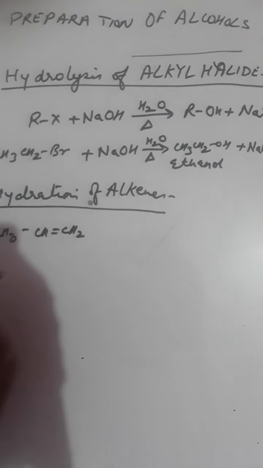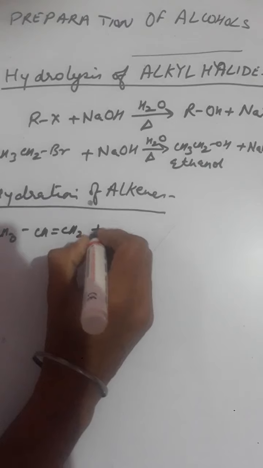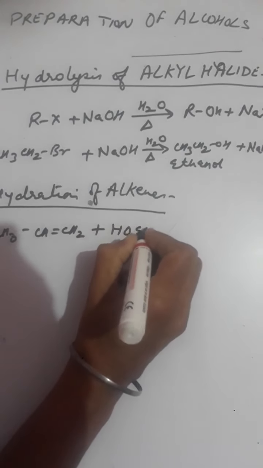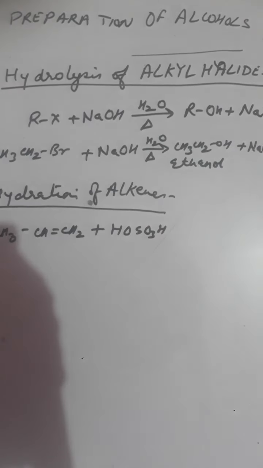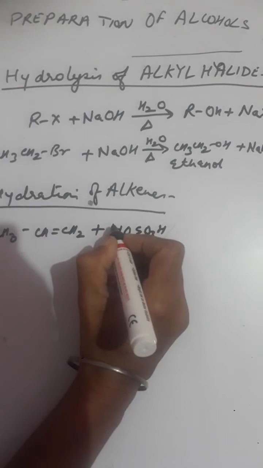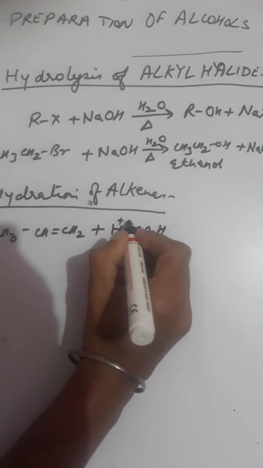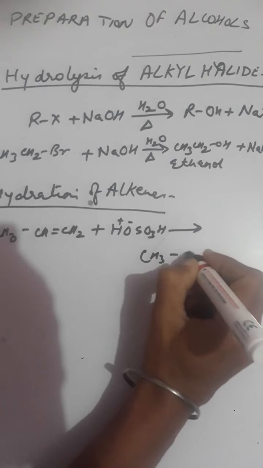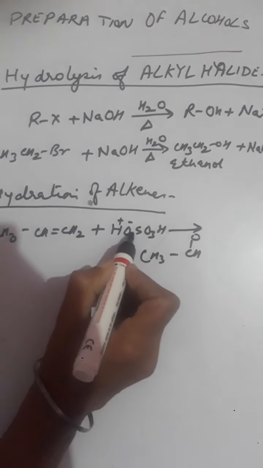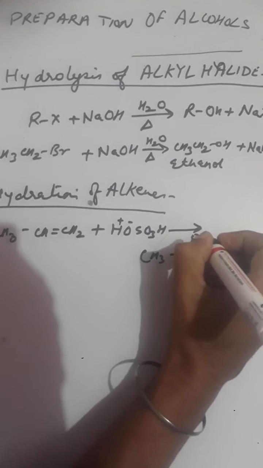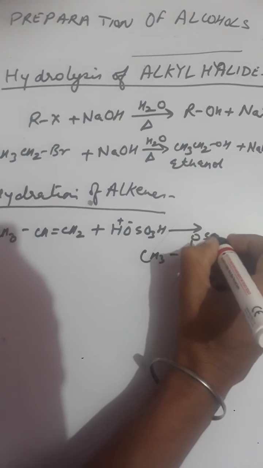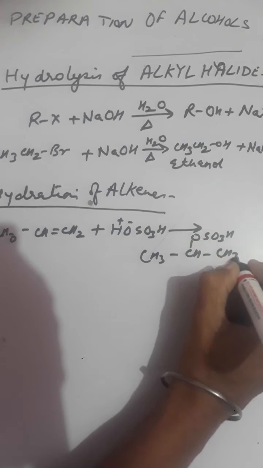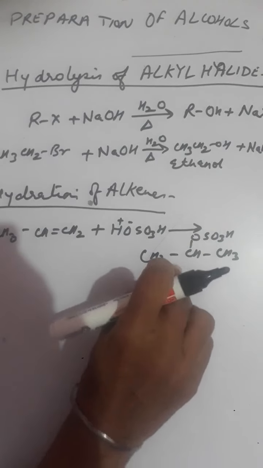This is propylene. When treated with sulfuric acid, we can write sulfuric acid like this. Here this will be positive, this will be negative, and we are going to get CH3CHOSO3H and CH3. This is isopropyl hydrogen sulfate.